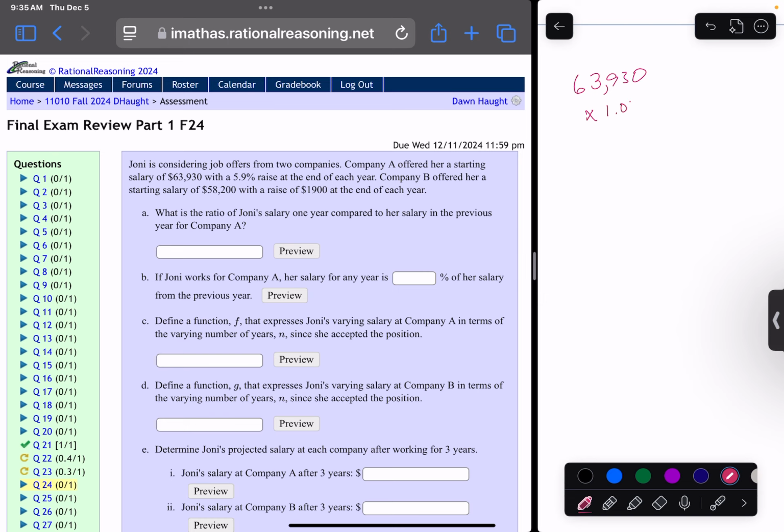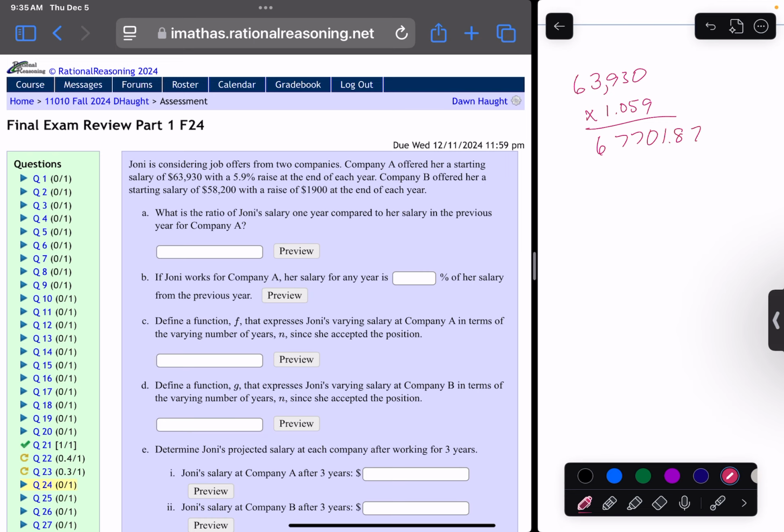That's 1.059. So 100% plus 5.9% is 105.9%, or 1.059 as a decimal. So if you just do that in one fell swoop, you get it. So that would be her total amount. So it would go up to that.